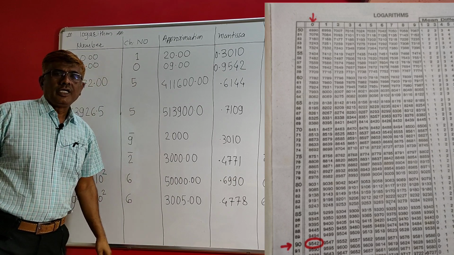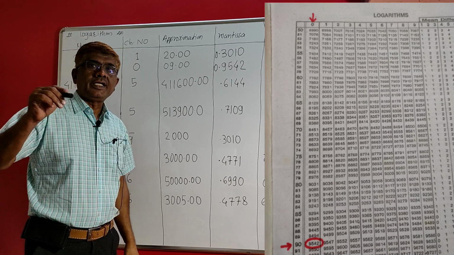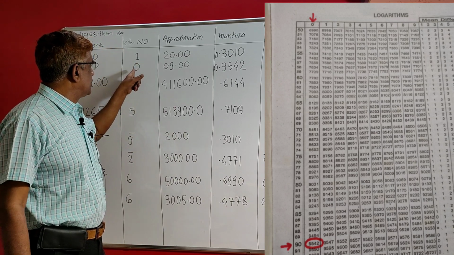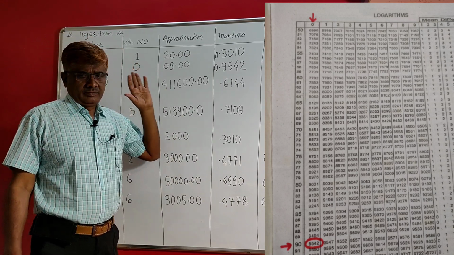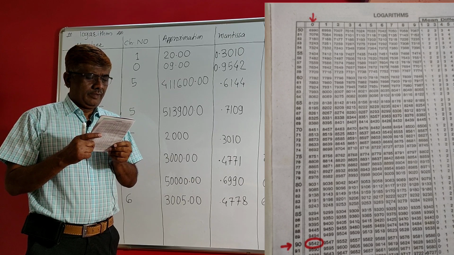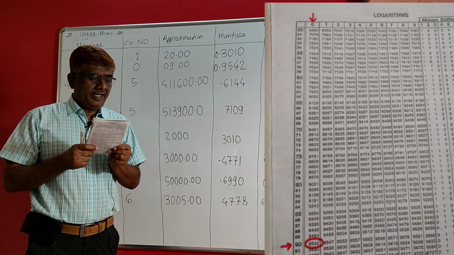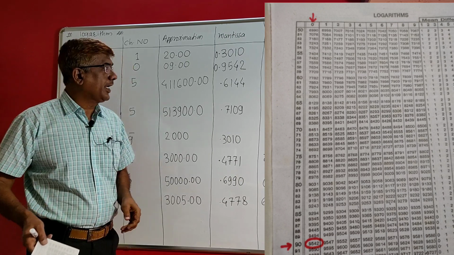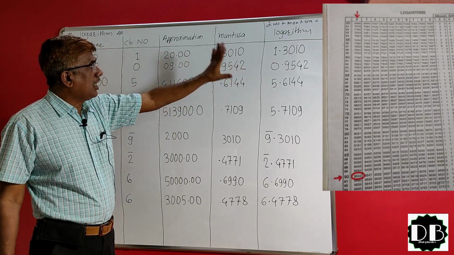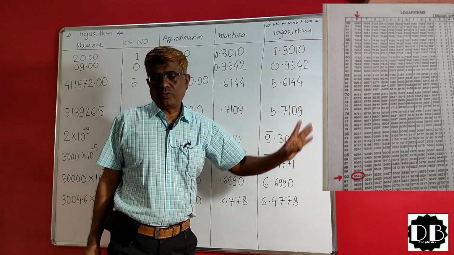Character number is 0, because 9 is equal to 9 into 10 raised to 0, that is 9 into 1, it is 9. That means the character number is 0. Mantissa of 90 into 0: the first column of 90 and the second column of 0 meet each other at the point 9542. This is the mantissa of 90, and logarithm is character number 0 plus mantissa, which is 0.9542.